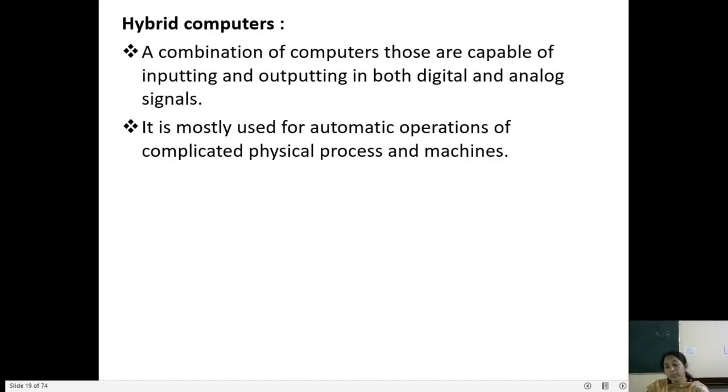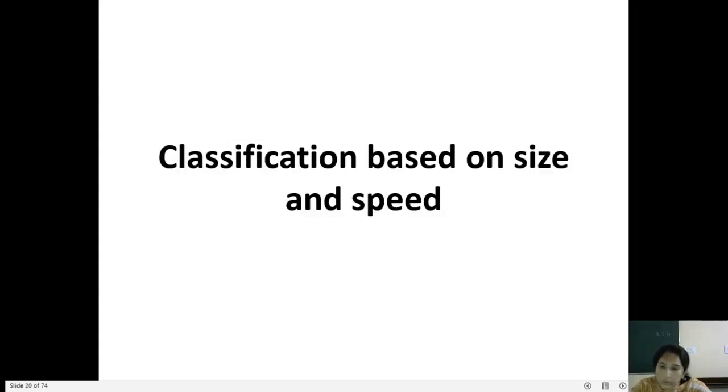In the health field, you can see hybrid computers in an ICU, where there is one machine showing the pulse rate as well as the temperature of a human being, and another machine showing the variation of the pulse rate in the form of signals. Machines working on the combination of analog and digital, we call hybrid computers. They are used for automatic operation, and are a little more complicated compared to physical processes and machines.